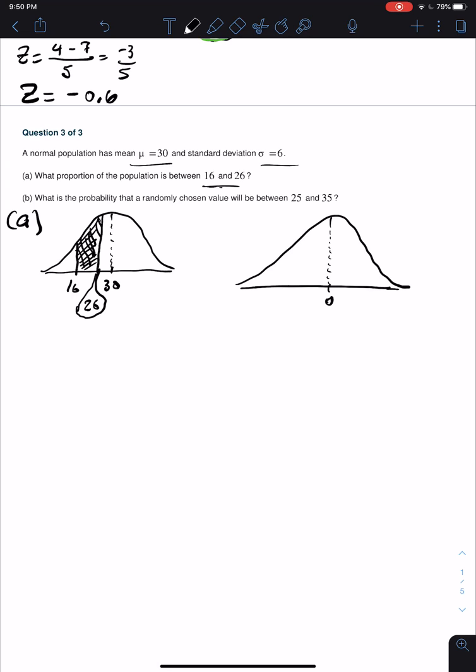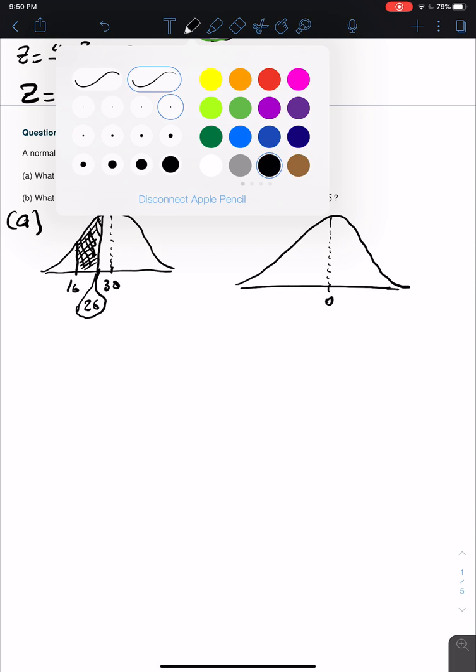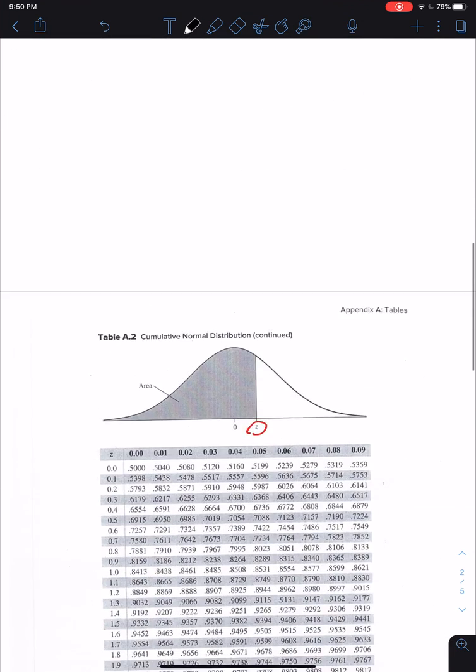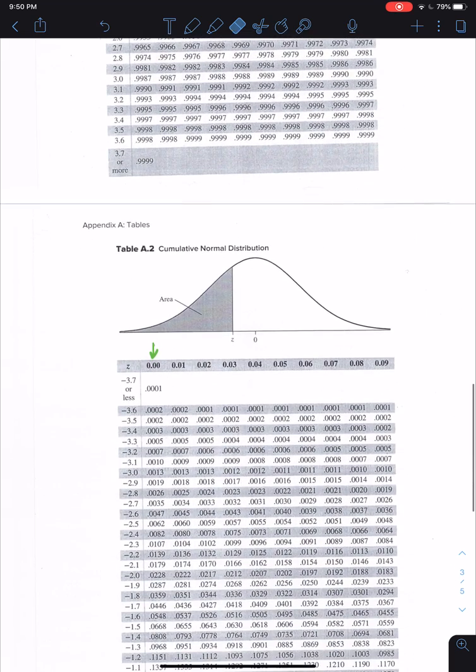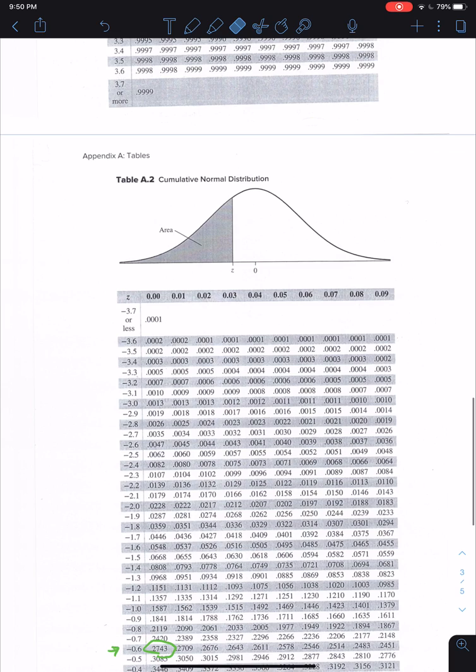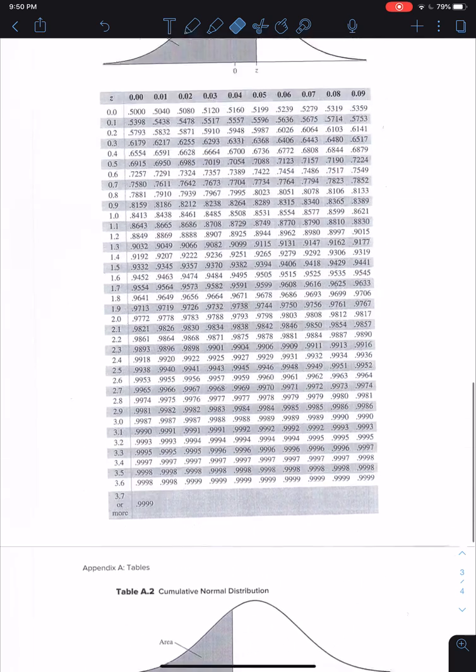Once again, we need to look up these values. Let me just use some color. Actually, let me prep this because I've got a table that's got things on it, so let me clean house a little bit. Okay, let's go back here.